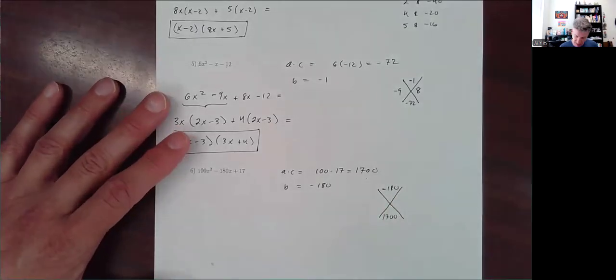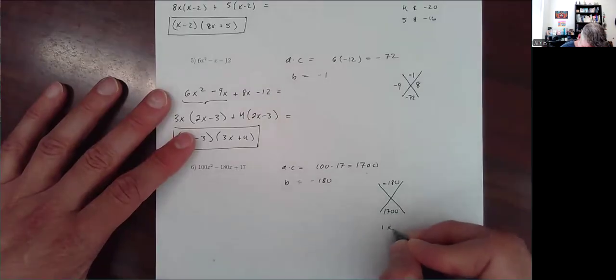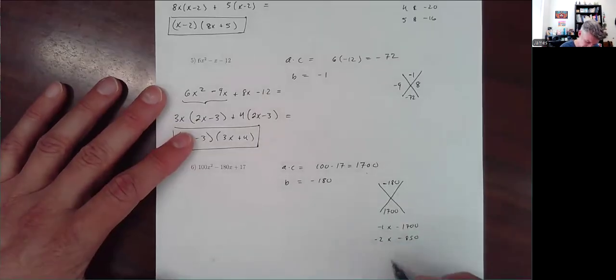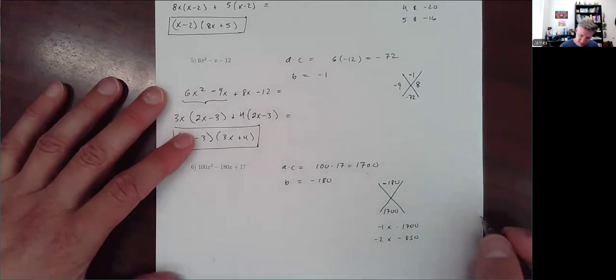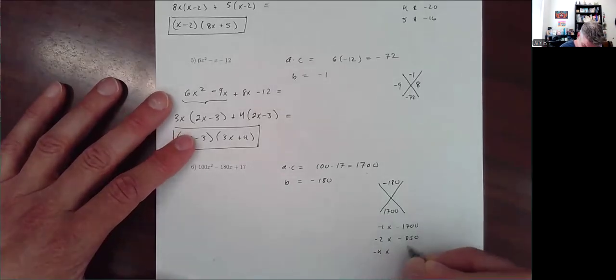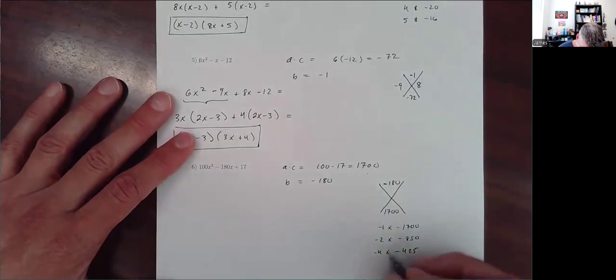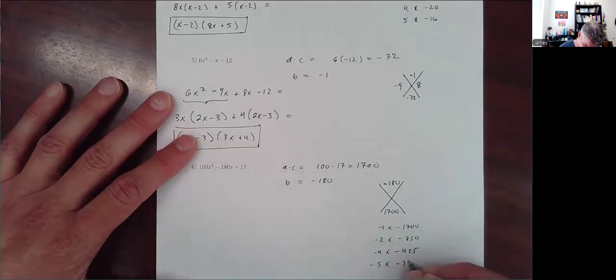So here's some silly choices. Negative 1 times negative 1700, or negative 2 times negative 850, or negative 4 times negative 425. Those still don't add up to negative 180. Negative 5 times, I think it's negative 340.